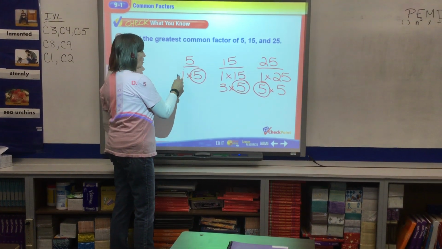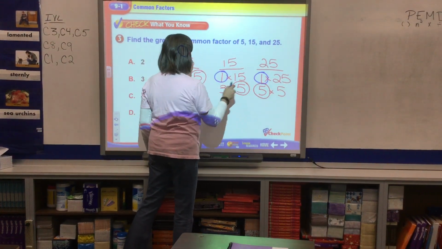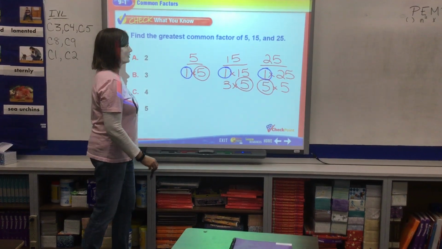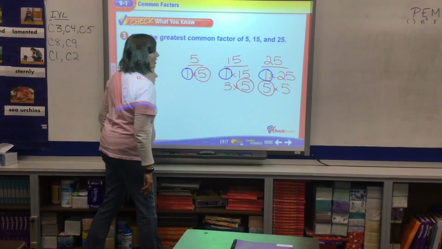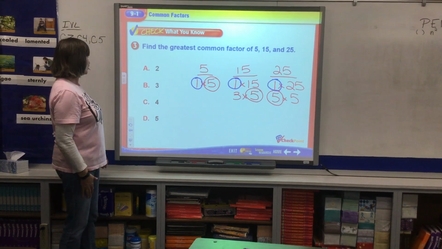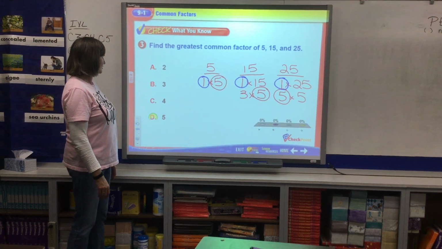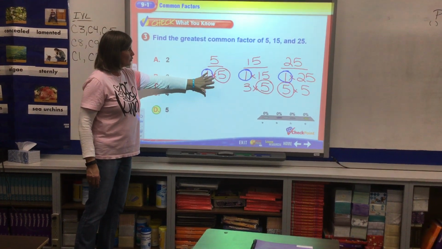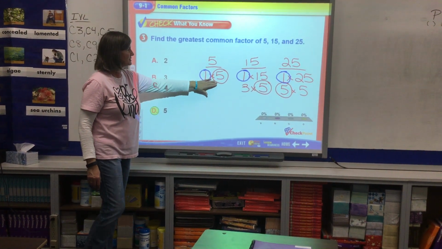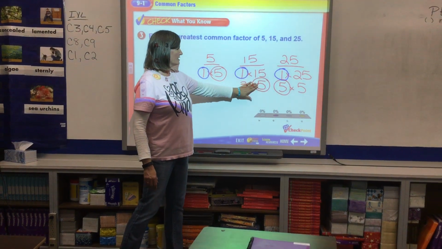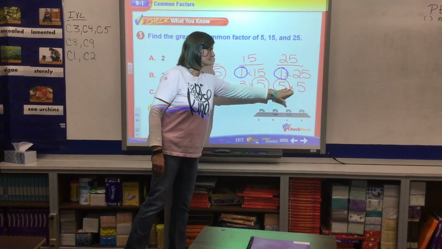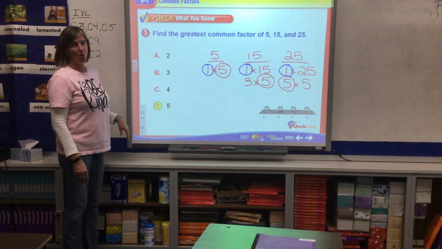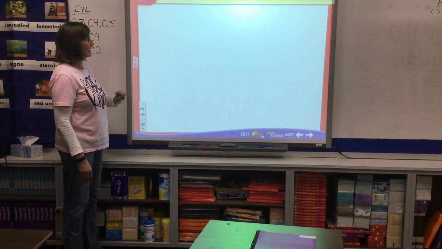So they all have 1s, they all have 5s, and therefore, when they're asking us for the greatest common factor, we pick the larger of those 2 numbers, which would be 5, letter D. But noticing for this one, we know its only factors are 1 times 5, and then you can say to yourself, is that a factor of 15? Yes. Is that a factor of 25? Yes. Therefore, we automatically know 5 is the greatest common factor.